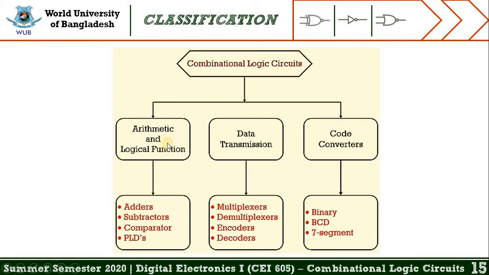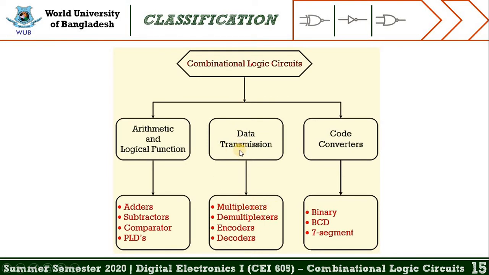Start with the arithmetic and logic function, which is subdivided into four categories: adders, subtractors, comparators, and PLDs. And one question may arise in your mind: what is the full form of PLD? PLD stands for programmable logic device.